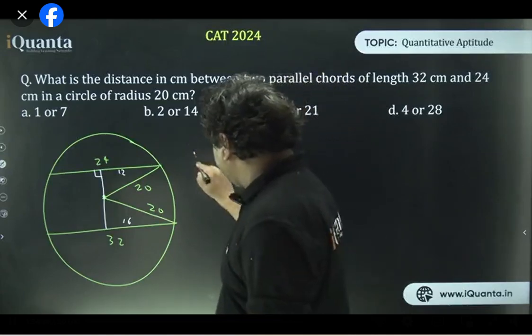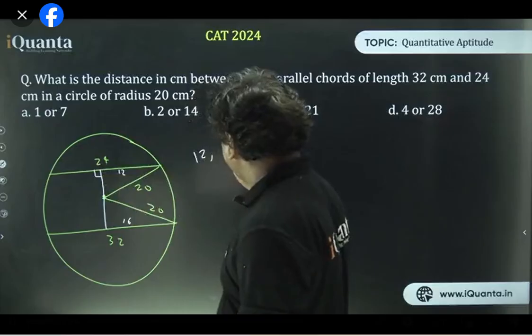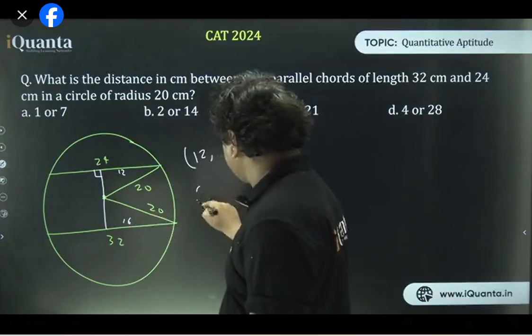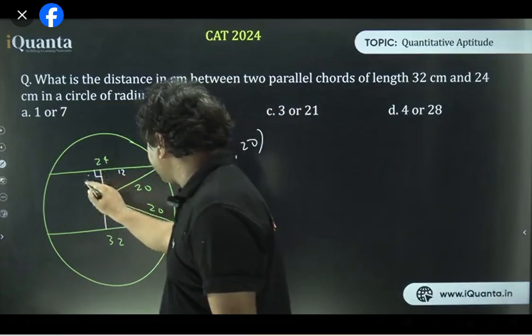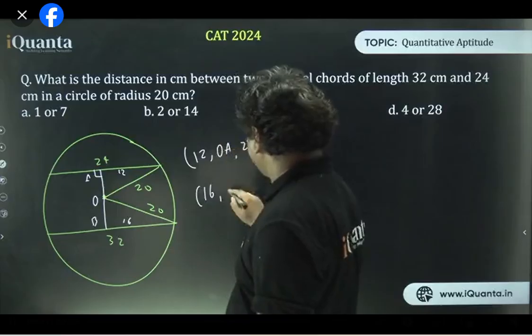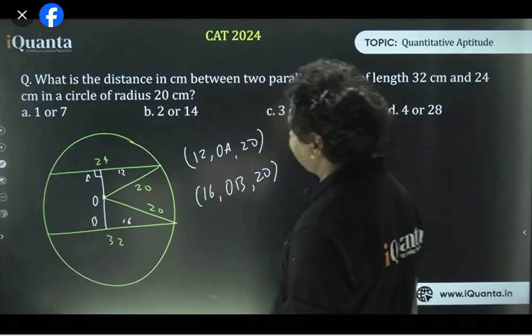So 12, comma this one, comma 20 is what we have, okay? And here we have 16, I'll just mark it O. Let this be A. Let this be B. So OA, here we have OB, and here we have 20 again.